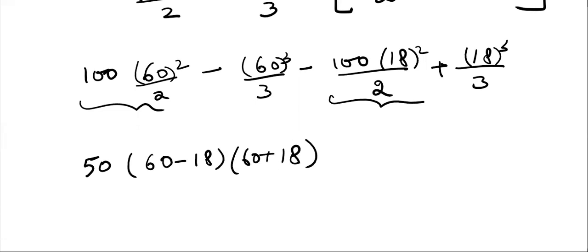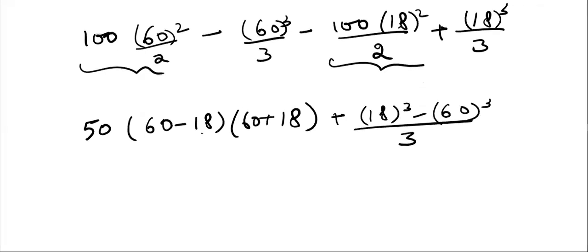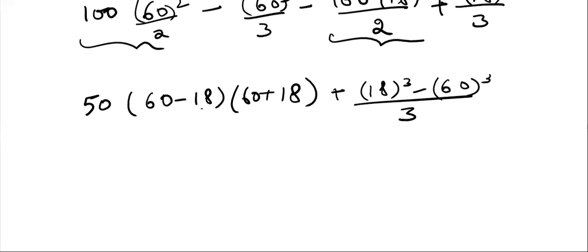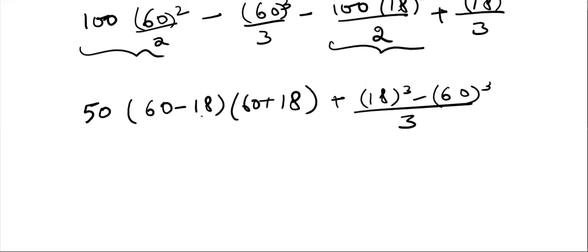Simple, right? A square minus b square is (a minus b)(a plus b). And similarly, you can go ahead and solve the other one also. So, plus (18 cube minus 60 cube) divided by 3. Okay, so just solve this thing, and after solving you will get 93744. Now this is your earning from 18 to 60.